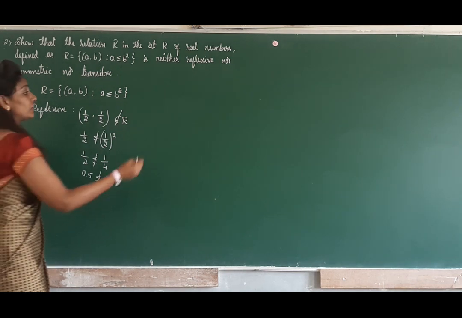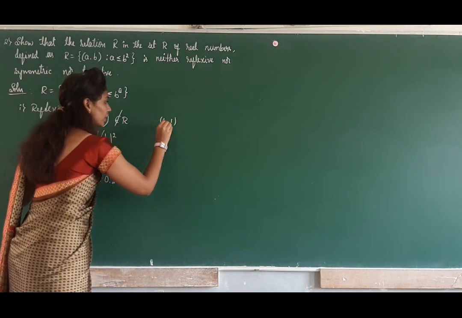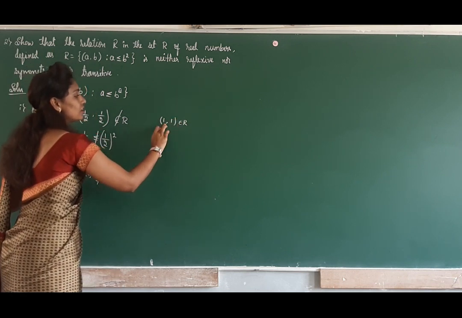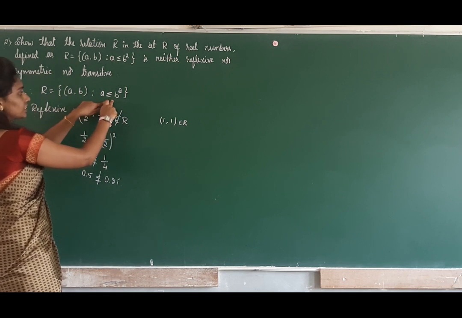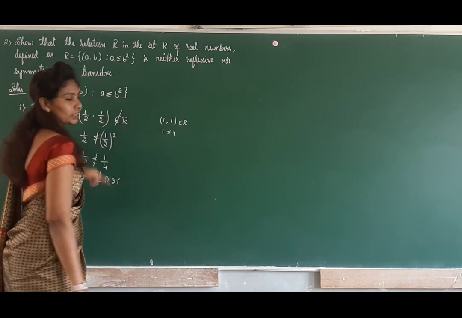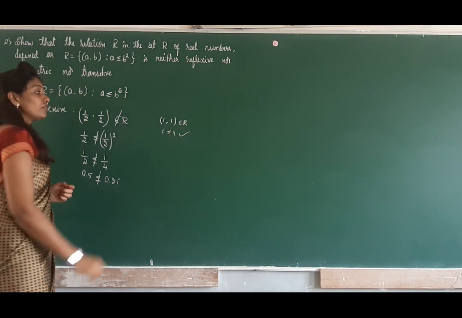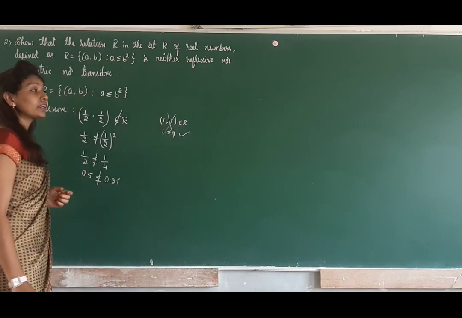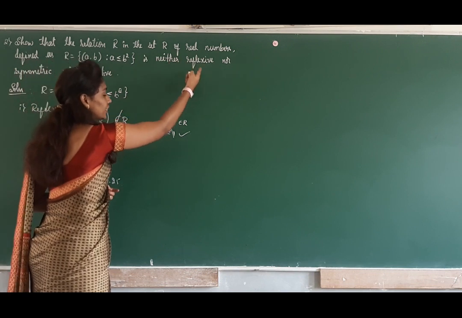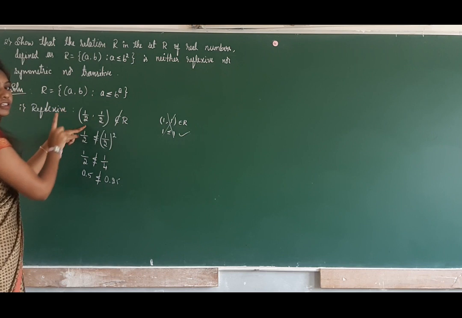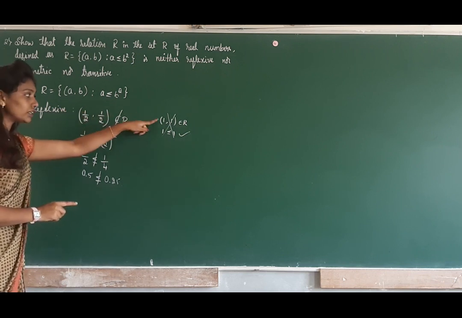If we take the ordered pair (1, 1), it belongs to R. See here, (1, 1) belongs to R means 1 is less than or equal to 1 square, and 1 square is 1. Is it true? But we didn't take this element. Why? Because the question says neither reflexive, so we have to take only those elements that do not satisfy the reflexive condition.